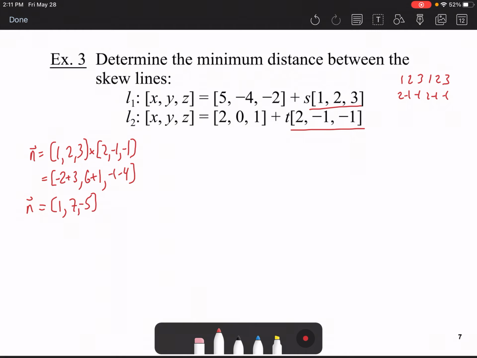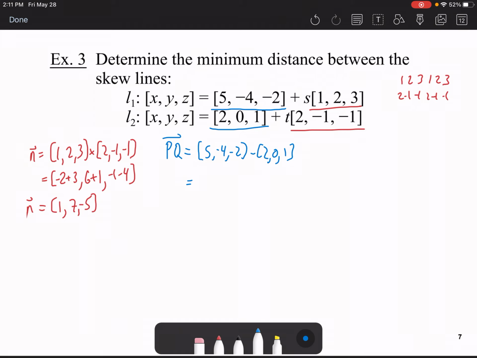I can also figure out my vector PQ. My vector PQ is just the vector from one starting point to the next starting point. And it doesn't matter which way you subtract them. So in this case, my vector PQ turns out to be 3, -4, and -3.